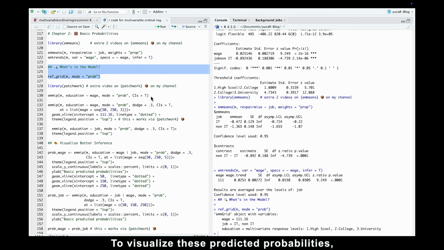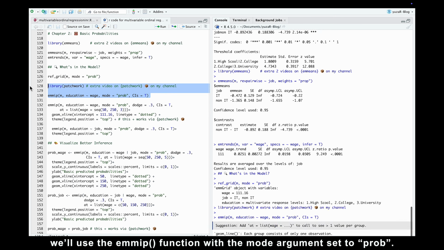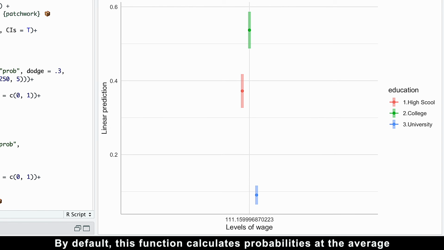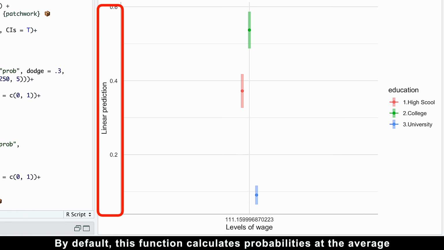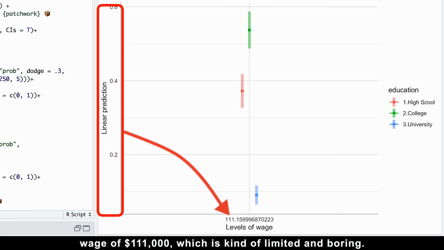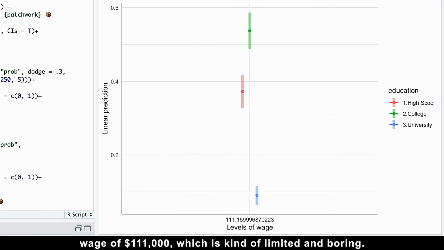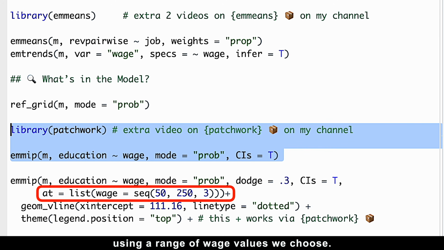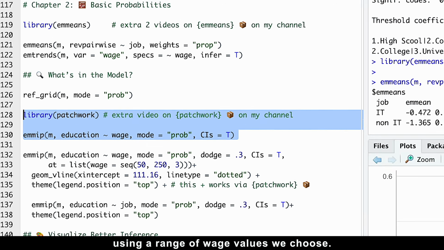To visualize these predicted probabilities, we'll use the MIP function with the mod argument set to probability. By default, this function calculates probabilities at the average wage of $111,000, which is kind of limited and boring. To get a clearer and more exciting picture, we can tell the MIP function to calculate probabilities using a range of wage values we choose.